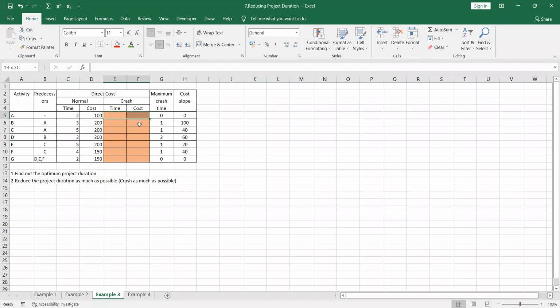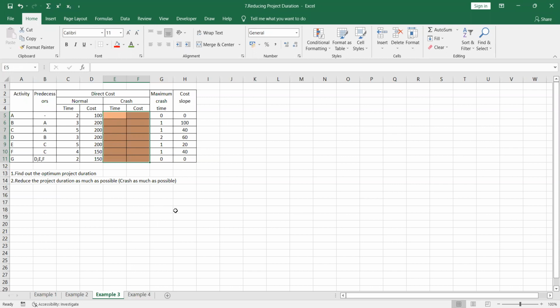So you have to find out the crash time and cost. I am explaining questions 3 and 4 because you have to do them as your homework, right? In the next class, I will go through the steps that you have to follow. So please make sure to come to the next class after completing examples 3 and 4.